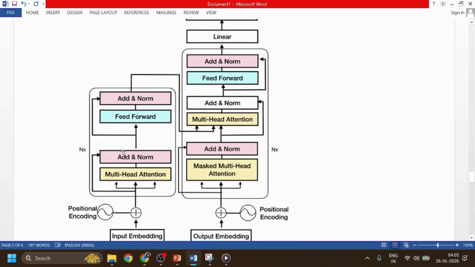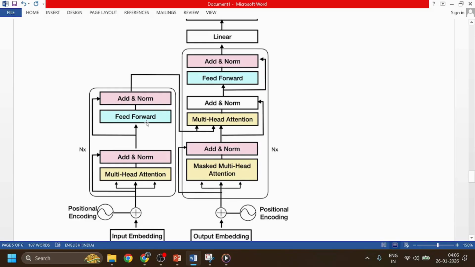Now after add and normalization, next comes the feed forward neural network. This is a simple neural network applied independently to each token. It helps transform the representation learned by the attention into a richer form.